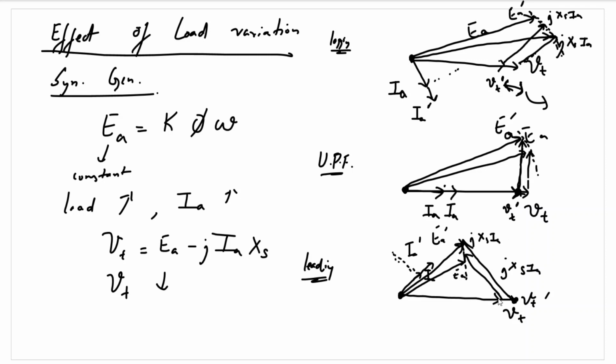But in case of a leading load, what we are seeing is that the terminal voltage increases. This is because, as already explained in the previous session, at leading load, synchronous generators will start actually becoming a supply of reactive power.